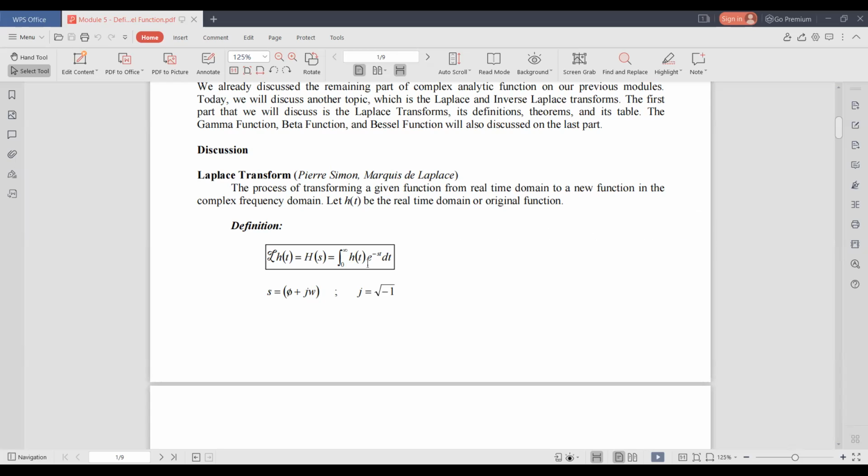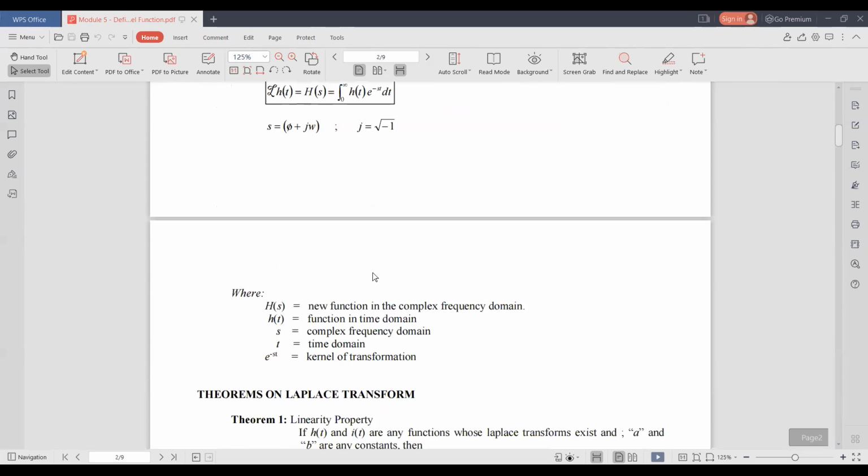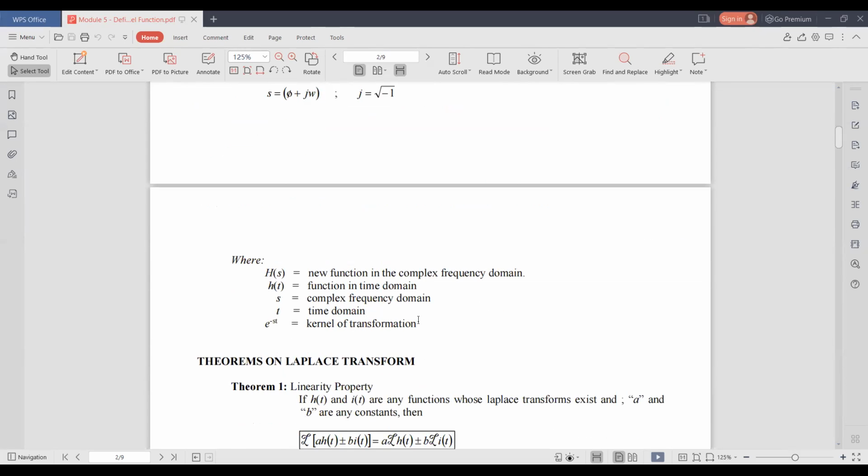Yung s natin is a complex frequency domain, and yung t naman is what we call the time domain. Of course, this is dt. Integrate this function with respect to t, with limits 0 to infinity. Ayan. So meron tayong definitions diyan.